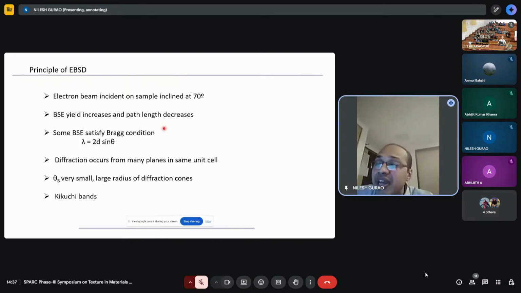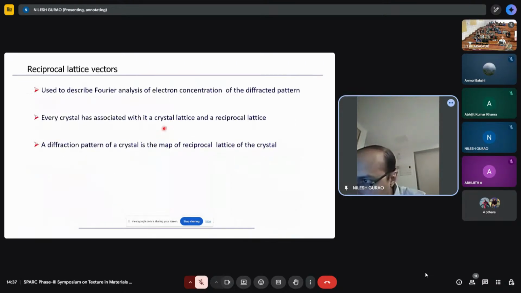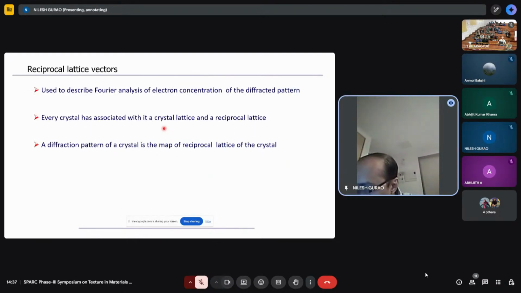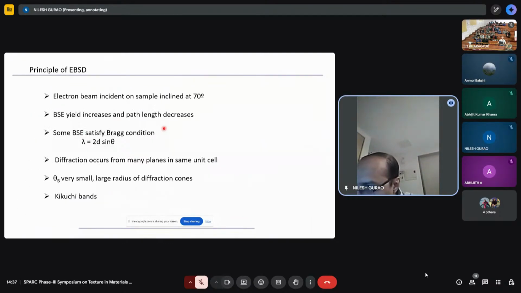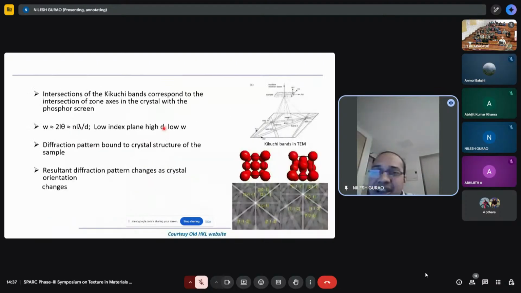Therefore, for these bands, nλ = 2d sin θ, as I showed you earlier, this angle is very small. I am showing you a 2D image, but in 3D you can rotate it about the vertical axis and you get a cone. Your diffraction cones have a very large diameter, like the ones you are seeing here, and you get this pattern. And this pattern can be linked with the orientation.